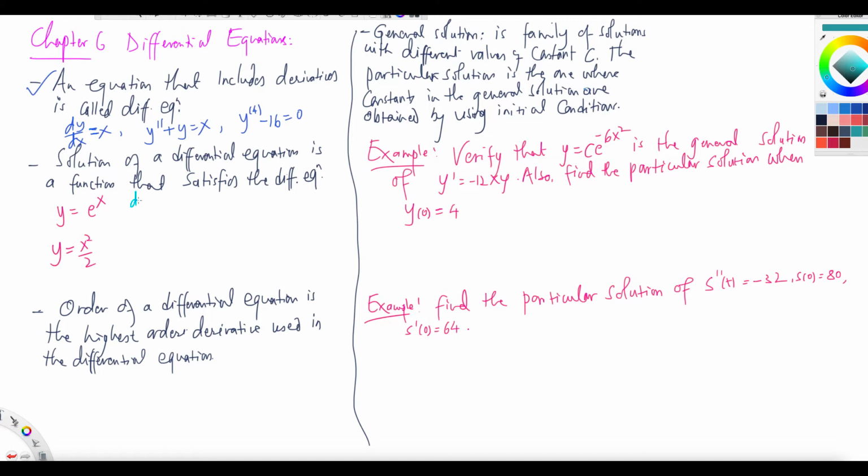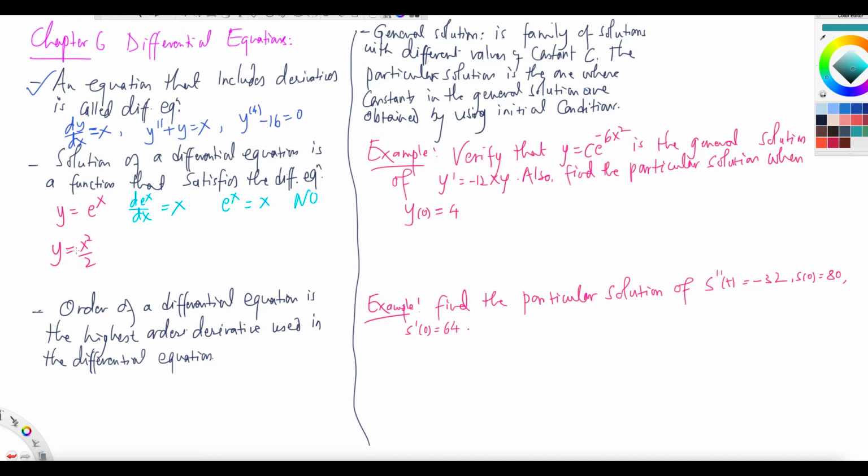You do d e to the x over dx equals x. On the left side, what is the derivative of e to the x? It is e to the x itself, right? And what is the right side? It is x. So is this always true? No, it is not always true. So e to the x is not the solution because the left side and the right side are not equal. So the answer is no.